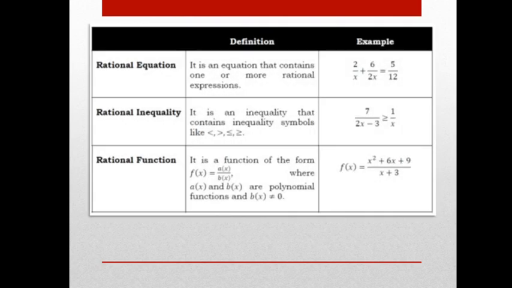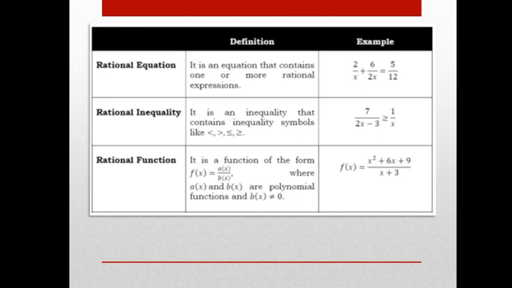So para ma-distinguish natin kung rational equation, rational inequality, and rational function, madali lang siya. By the way, a rational equation is an equation that contains one or more rational expressions. By the way, rational expressions are expressions that may be expressed as A over B. Parang fraction, no?